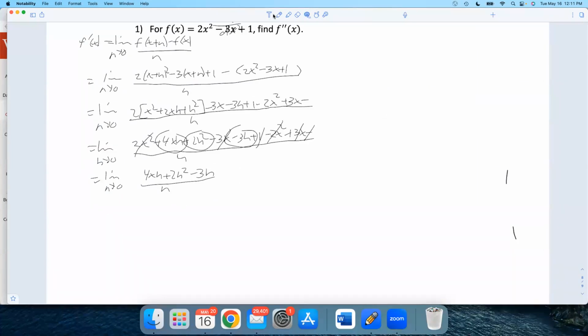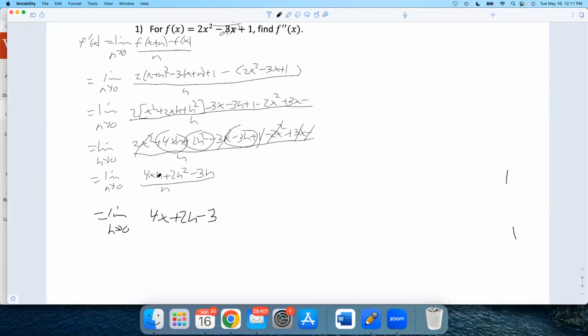And we factor our h out and cancel it. I'm just going to do that in one step here. If you're not sure of it, check this on your own, but I'm going to factor out the h and cancel and get 4x plus 2h minus 3.